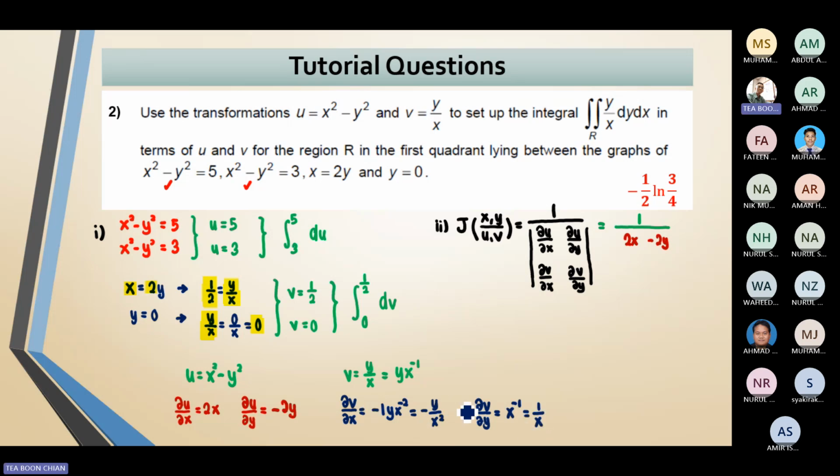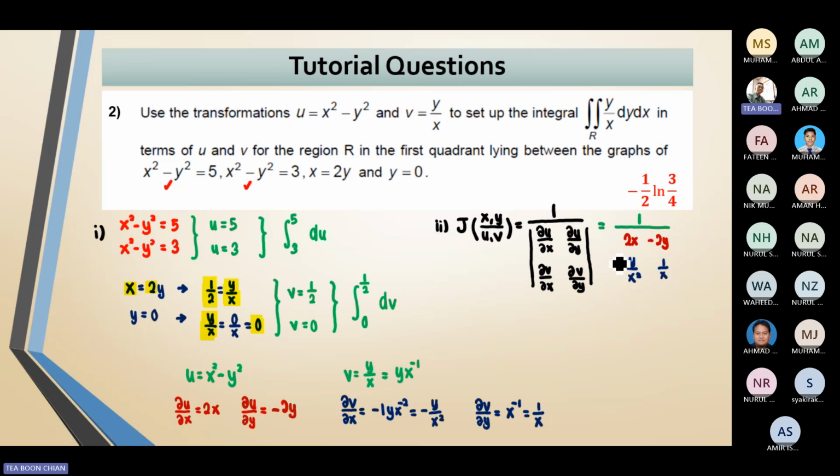This is the part that you also have to be careful about, just in case later in the final exam you are given some function in fractions: when you want to partially differentiate them, change into index law so that you can use the power rule to differentiate them easily. So here, dv over dx is negative y over x squared, and dv over dy is 1 over x.